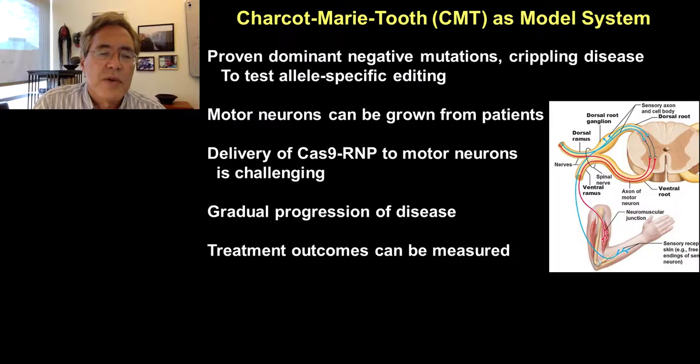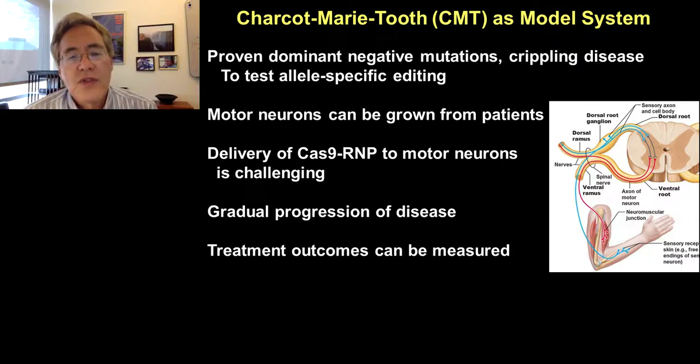subjects. The other disease that we're working on is the Charcot-Marie-Tooth disease, or CMT, as a model system. It has proven dominant negative mutations, a crippling disease, and we can use this to test allele-specific editing, particularly in motor neurons. Motor neurons can be grown from patients' iPS cells, and I'll show you some pictures of those.